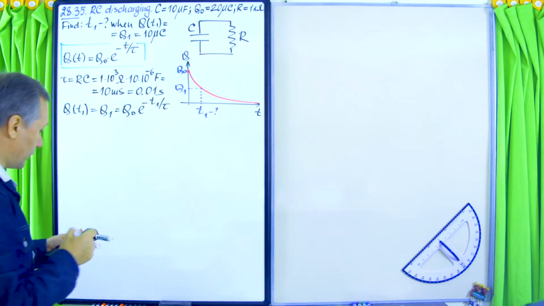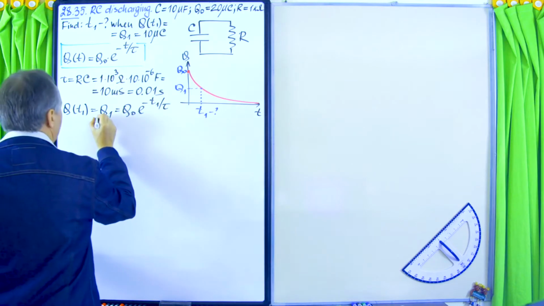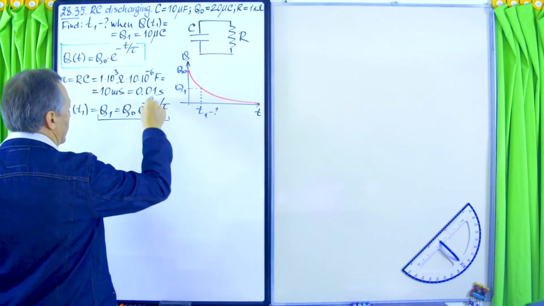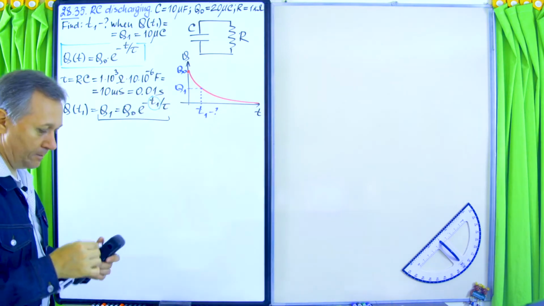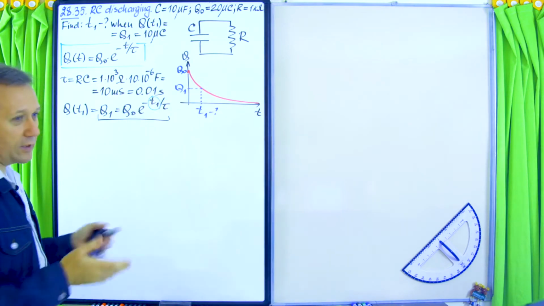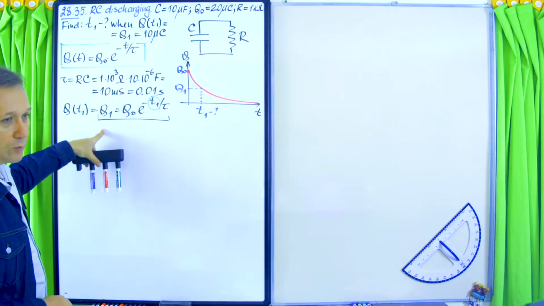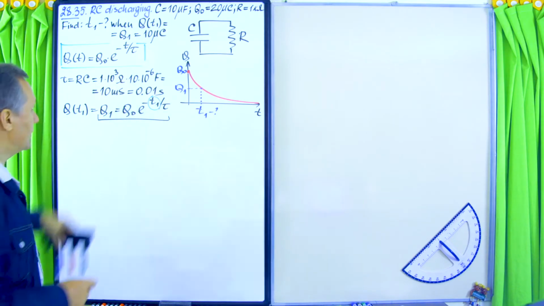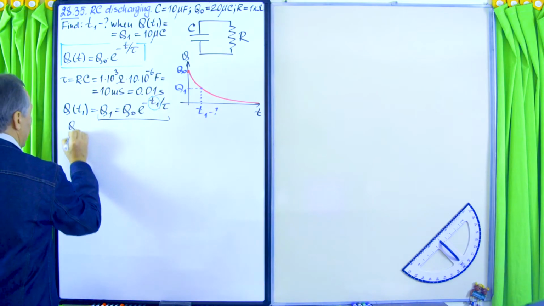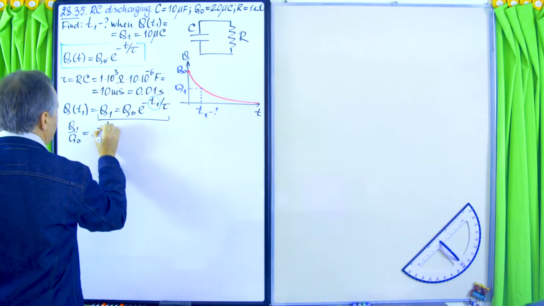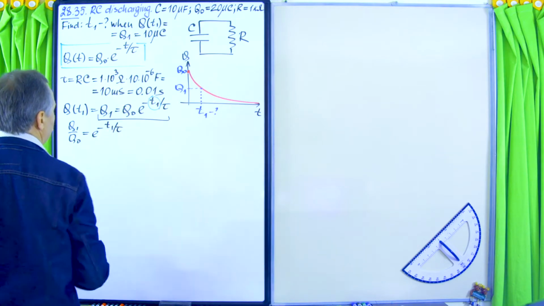So now we have only one unknown, T1, and we need to solve for it. What do we have to do? Let me do it step by step. Of course, first this factor I will move to the left-hand side in the denominator, right? So it will be Q1 divided by Q naught equals e to the power of minus T1 over tau.